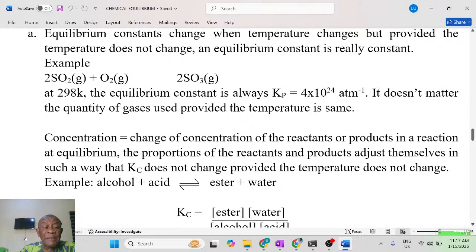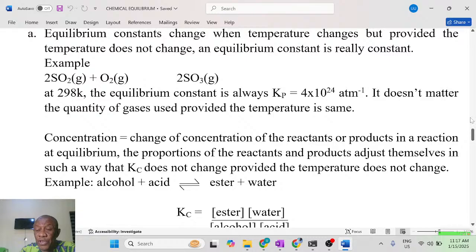At 298 Kelvin, the equilibrium constant Kp always has the value of 4 times 10^24 atmosphere^-1 for that reaction. It doesn't matter the quantity of gases used, provided the temperature is the same, or the changes in the value of the partial pressure.